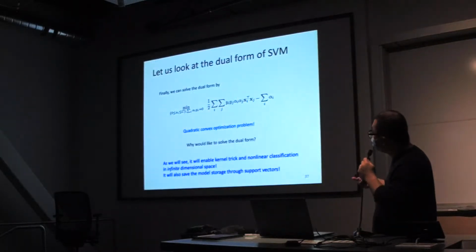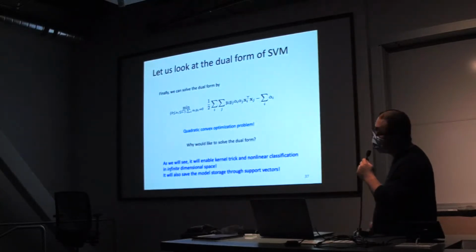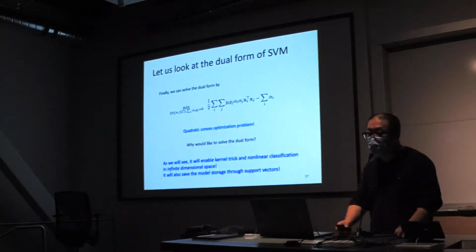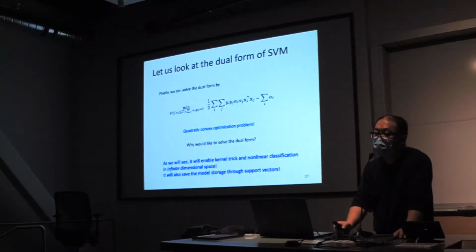The motivation for us to look into this dual formulation is that we'll see some important solution structures. This solution structure will also enable us to inject the so-called kernel trick and extend SVM from a simple linear classifier to much more expressive nonlinear classifiers.